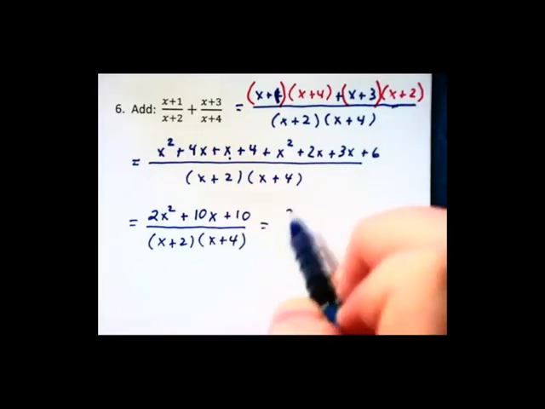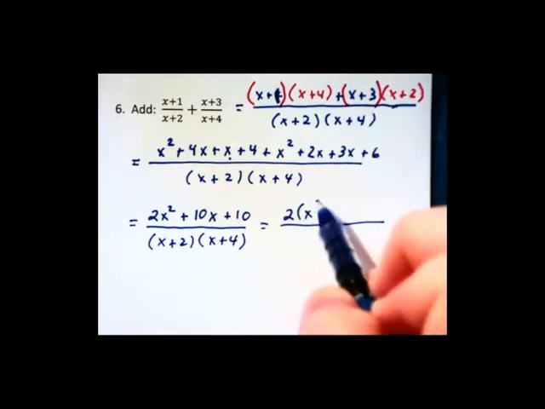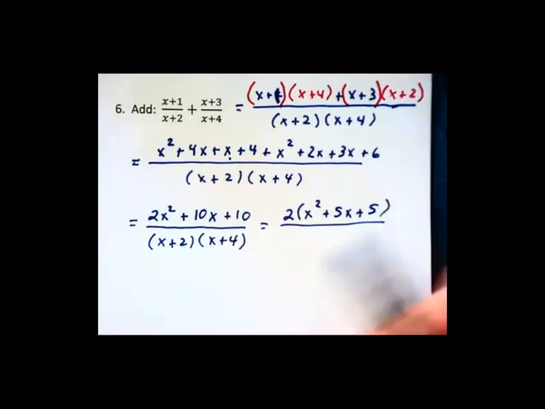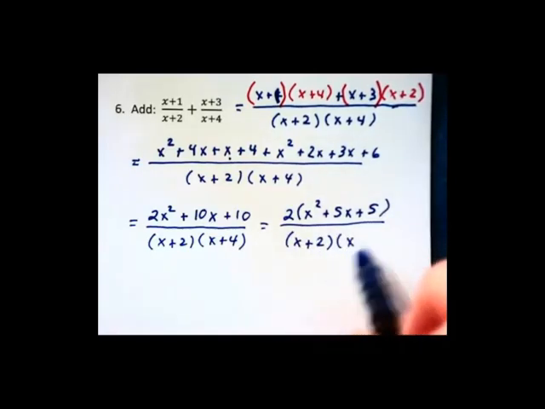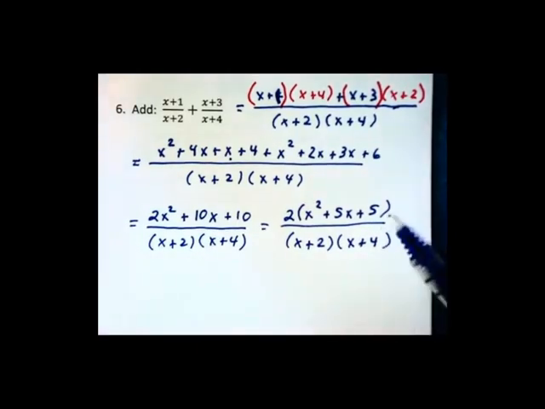We factor the numerator. 2 can divide out. We're left with x squared plus 5x plus 5. Down below, we keep the x plus 2 times x plus 4. Now that numerator will not factor any further, so that's as far as this problem can go.